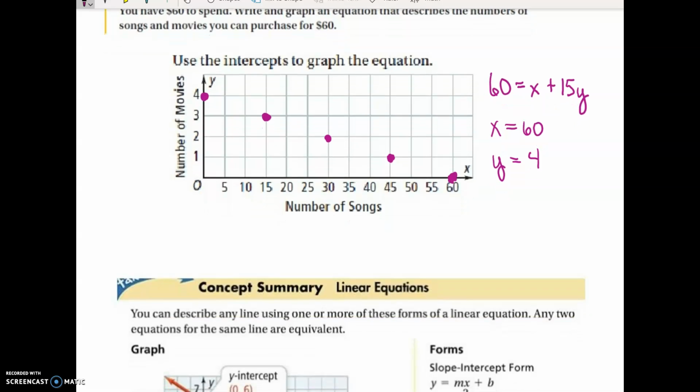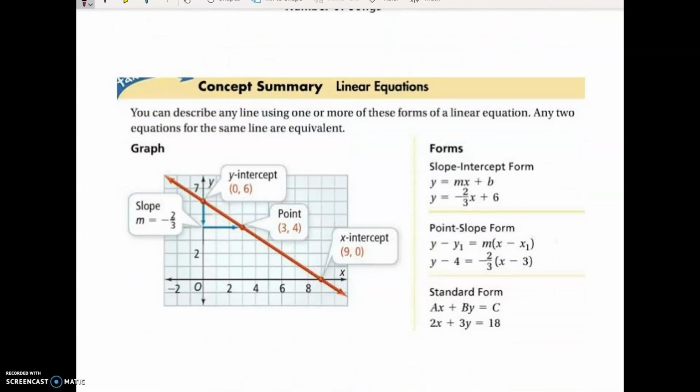So here's a summary of what we have talked about so far. And you're going to need to know all of these forms because they all have a purpose and they all have uses depending on the situation. So if we look here, we can describe any line using one or more of these forms of a linear equation.